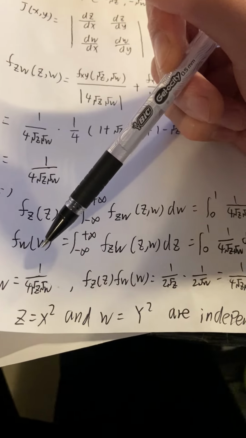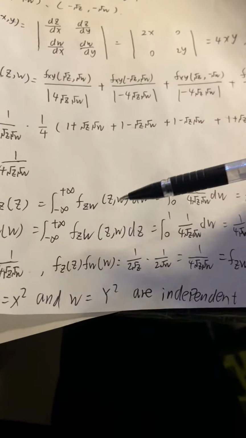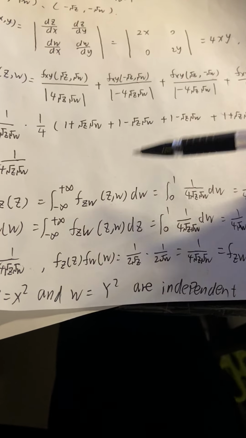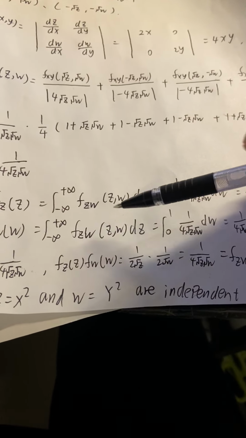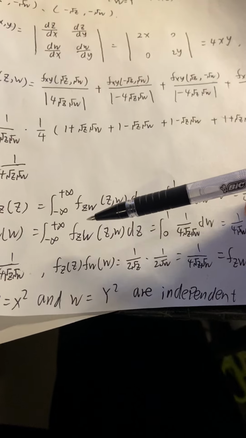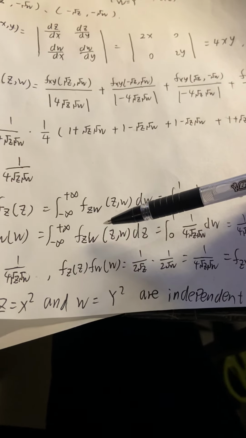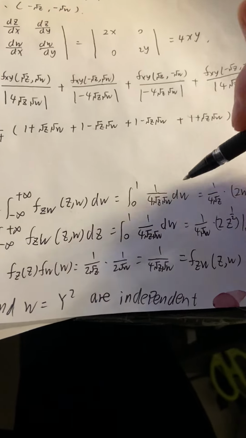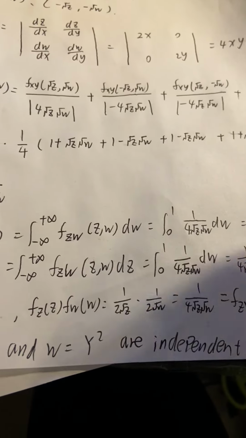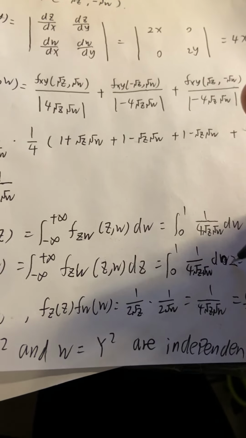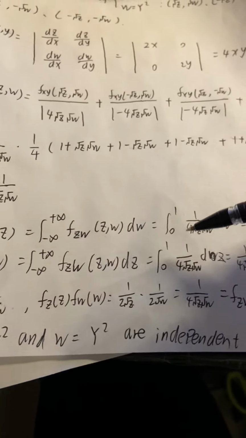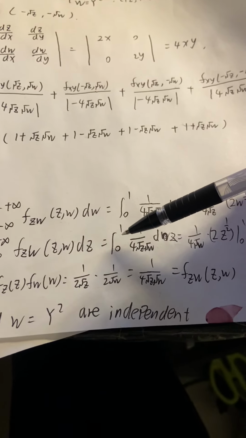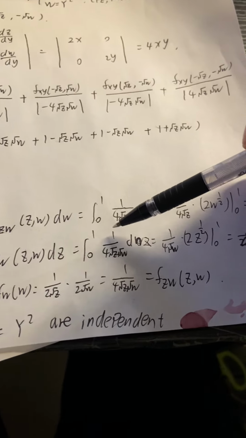For the density function of w, it will be the integral of the joint density function of z, w dz, where z is from 0 to 1.